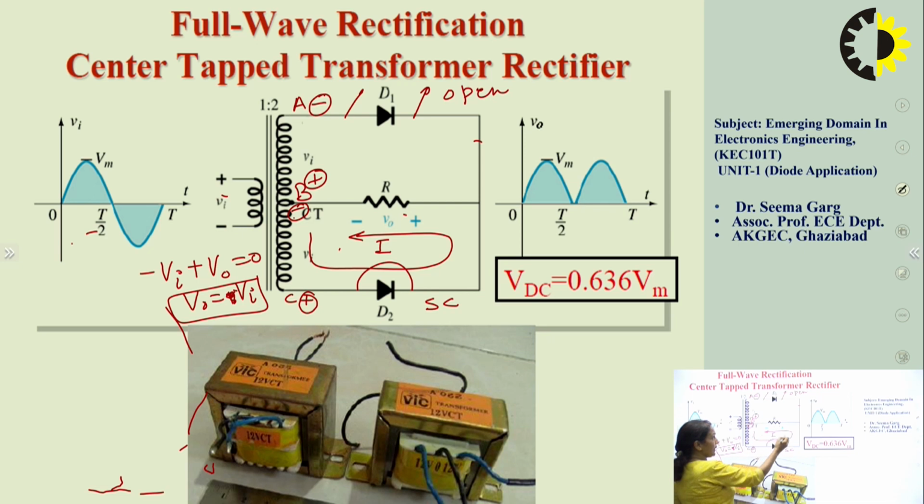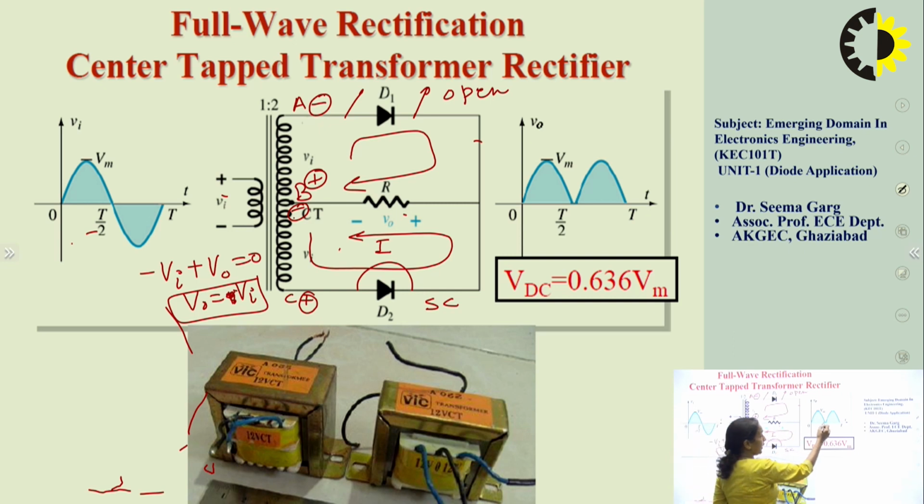So we can see that in both half cycles, the direction of the current across the load resistance remains the same. So even though it is the second half cycle, because the direction is the same, we are going to get the output voltage in the same direction as it was in the previous case.